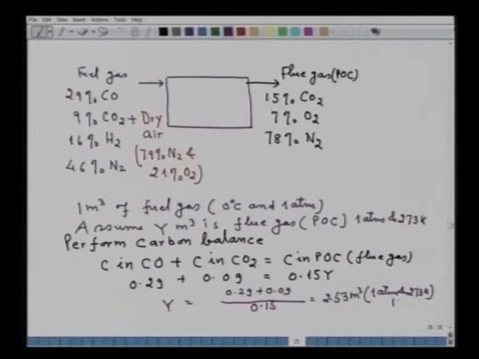This is also called in standard physics book NTP, normal temperature and pressure.